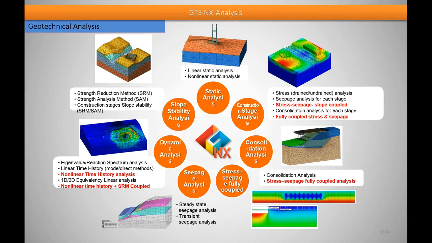Let's suppose there is an earthquake. It will perform the nonlinear time history analysis and at the same time evaluate the factor of safety using the SRM method. Thus you can check whether an earthquake of a certain magnitude is capable of bringing slope failure for a particular slope or not. Such kind of advanced analysis could be done with GTS NX.